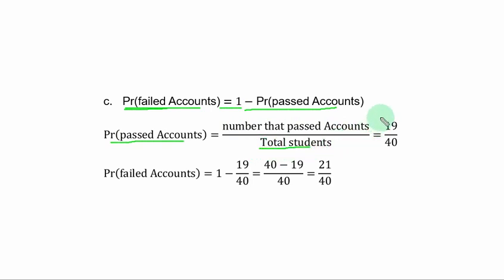That is 19 over 40. You come back here, which is this. It becomes 1 minus those that passed accounts. Their probability is 19 over 40. You have it in this form. You can write this as over 1. The LCM is 40. You have this result, and you have 21 over 40 as the required probability.